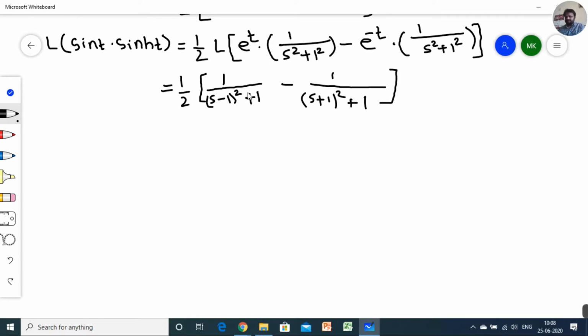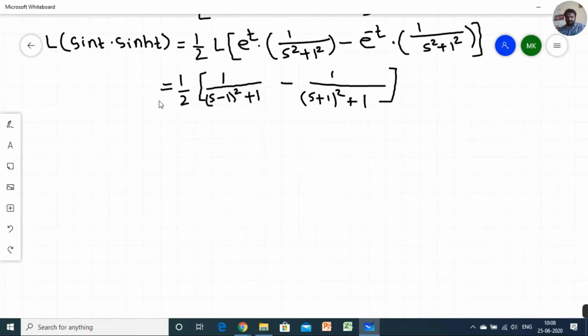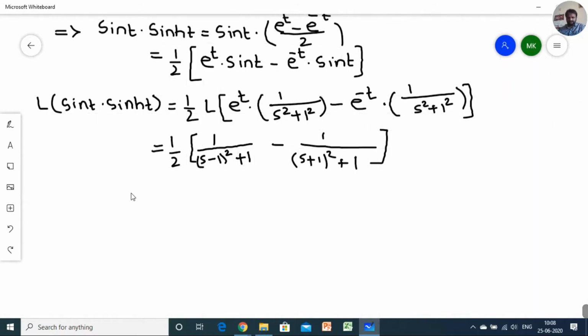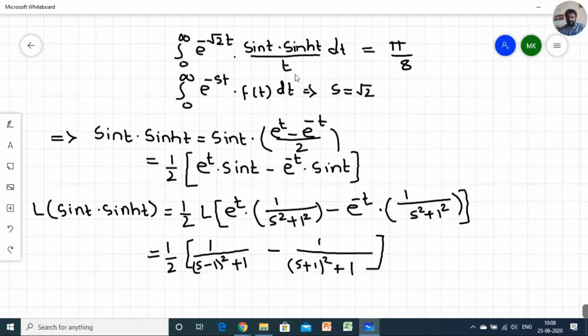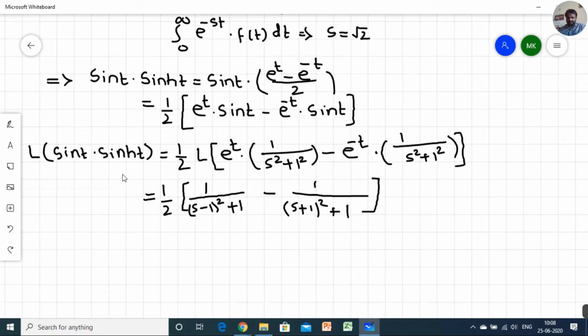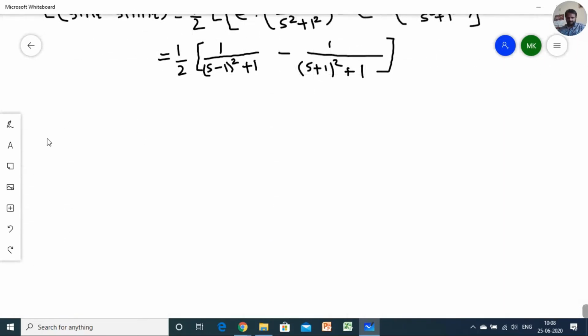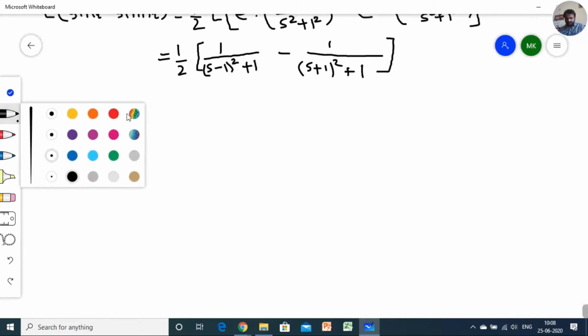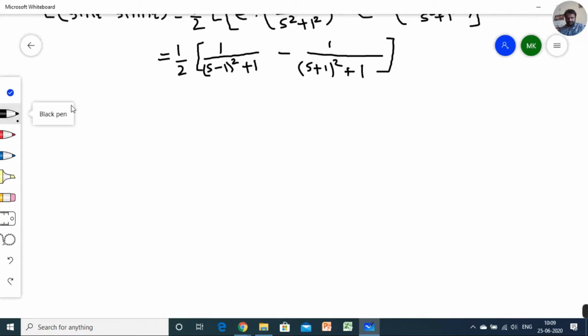Now the division by t concept is given, so we have to apply the division by t rule properly, so you will understand what the division by t rule is.